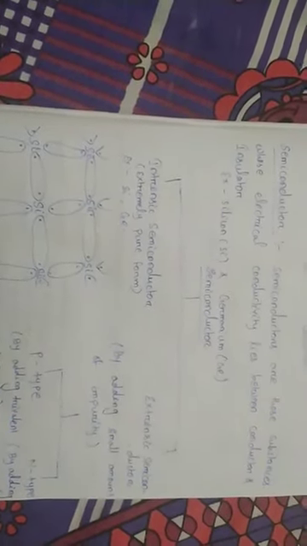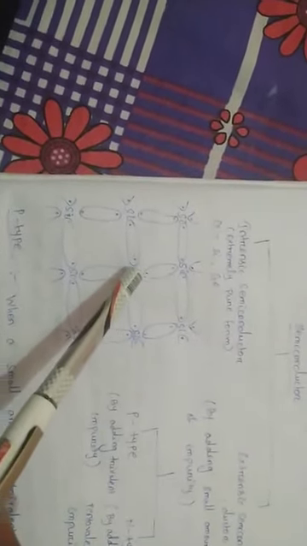So let us consider an extremely pure form of silicon crystal. The structure of the silicon crystal is shown in the figure. As you all know, the atomic number of silicon is 14, so it is a tetravalent atom. That means the outermost orbit of silicon contains 4 electrons. So each silicon atom forms covalent bonds with its surrounding 4 silicon atoms.